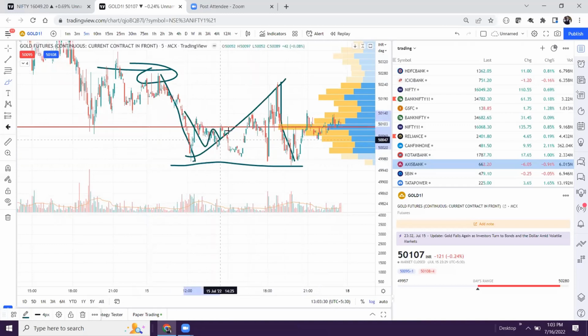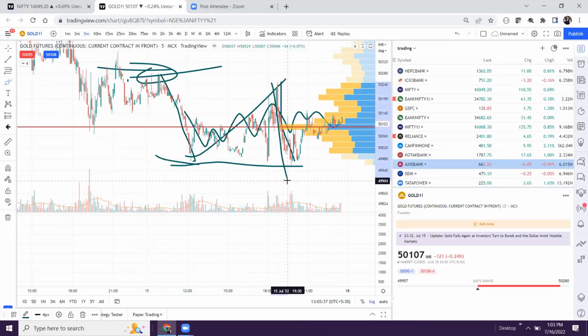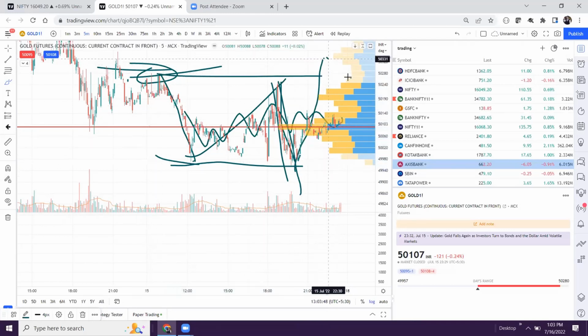So basically this is in a range in 5 minutes. This is the higher end of this range, this is the lower end. Now suppose you again break this range, it means your trend is continuing, right? But for trend change, you have to wait for a breakout of this range, and again you need a low. Is this point clear?